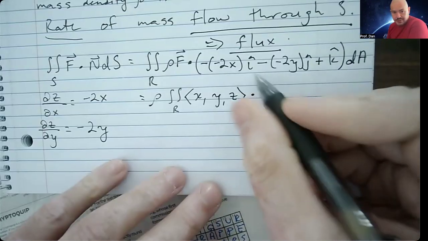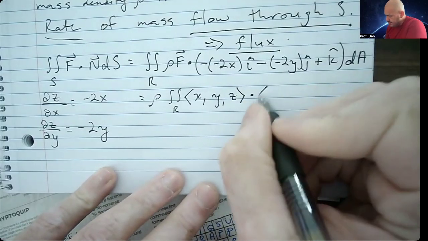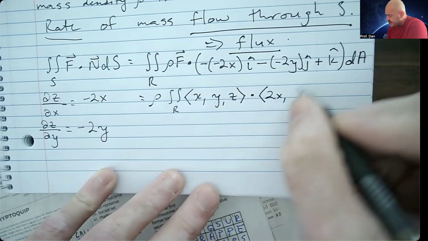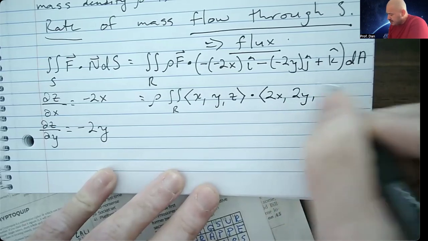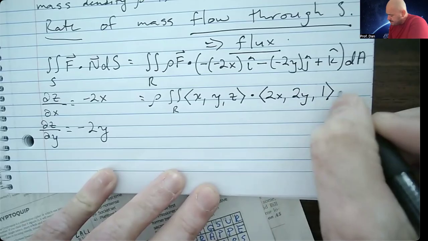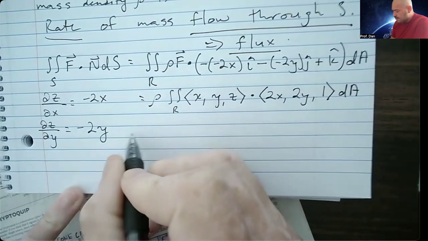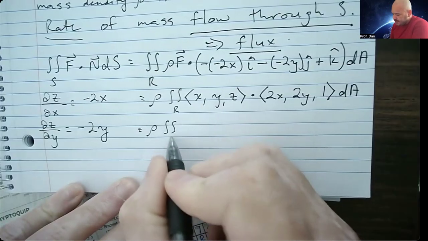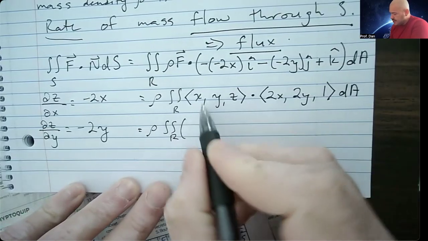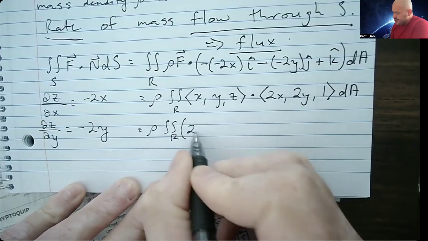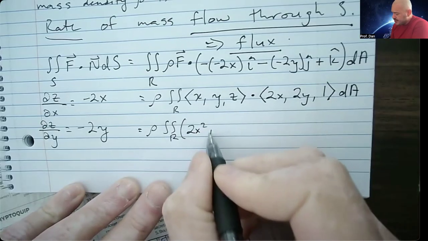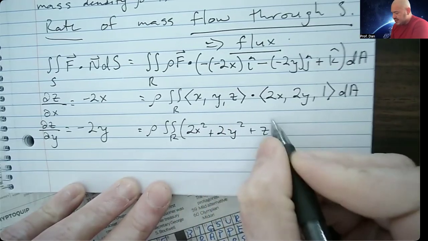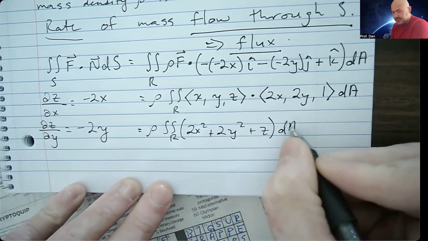Then this vector I can also write in component form, positive 2x, positive 2y, 1. So now taking the dot product, first times first, I get 2x squared. Second times second, I get 2y squared. And third times third, I get z. Remember, you add them together, and that's the dot product.